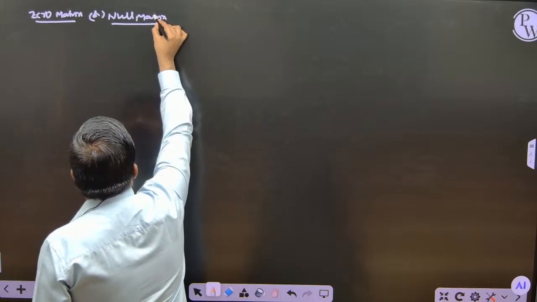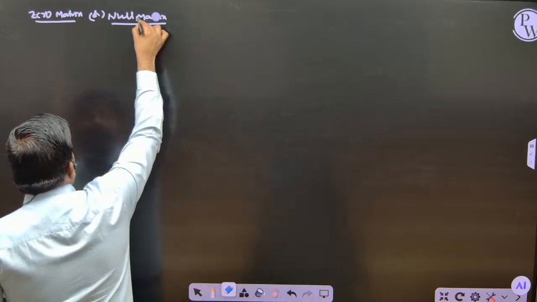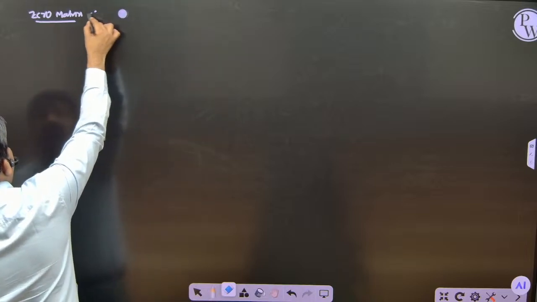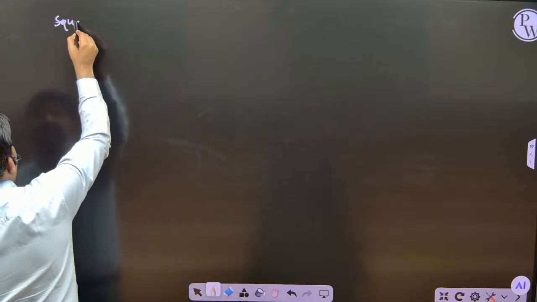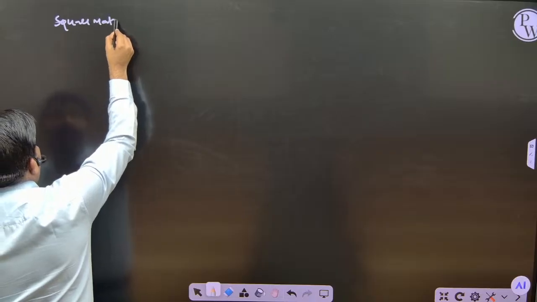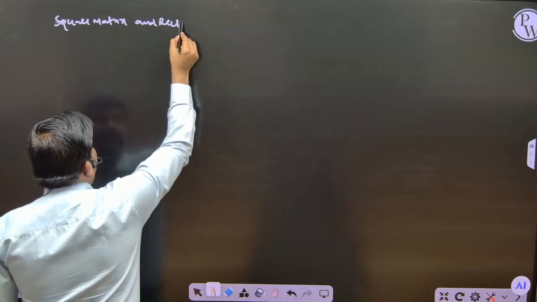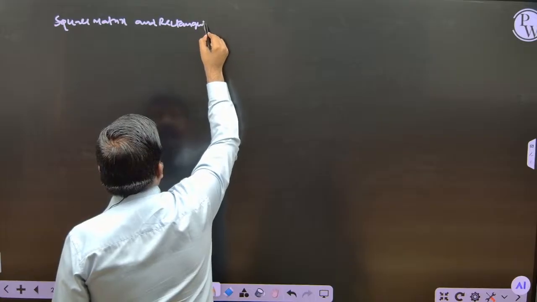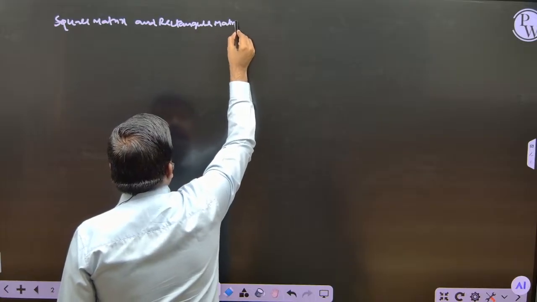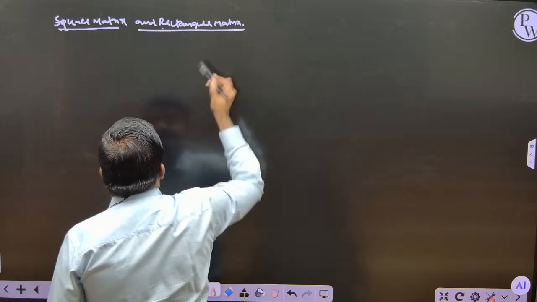Before that, we look at square matrix and rectangular matrix.